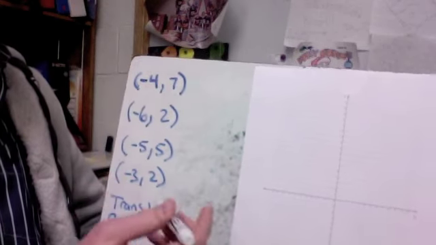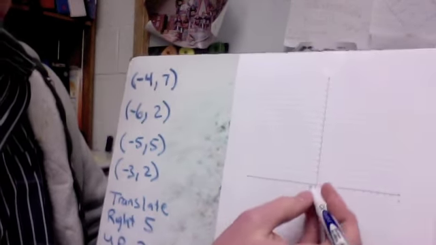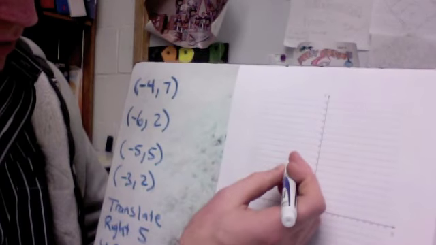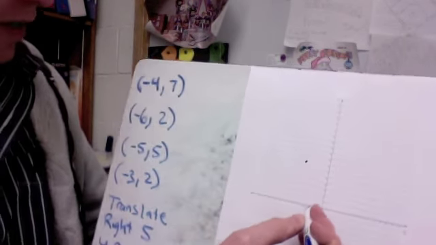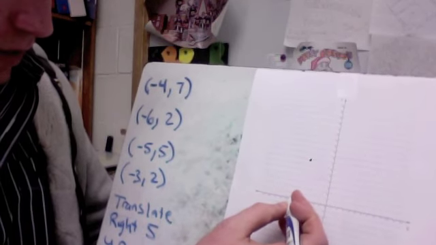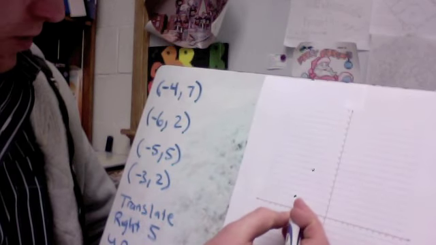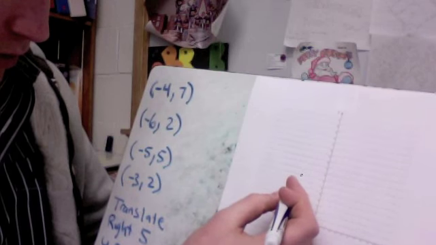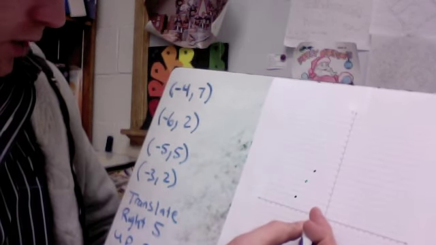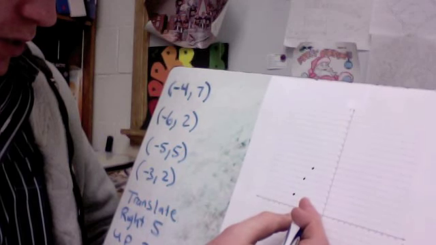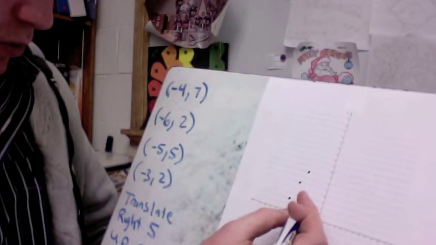So first of all, I'm going to draw this shape right here. I've got -4, +7, which is going to be right there. I've got -6, +2. I've got -5, +5. And I've got, looks like, -3, +2.